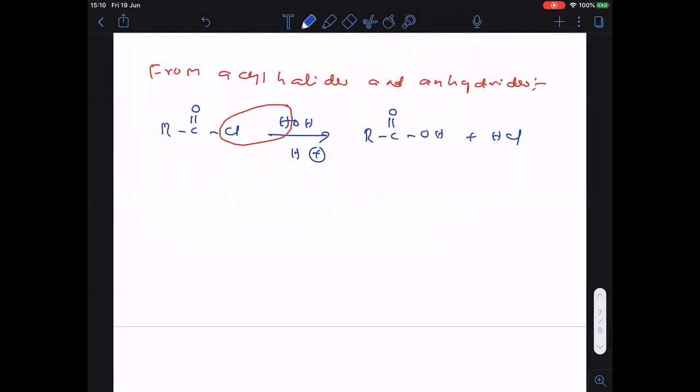Now, to make you understand well, let me take CH3COCl undergoing hydrolysis in acidic medium. Try this one.